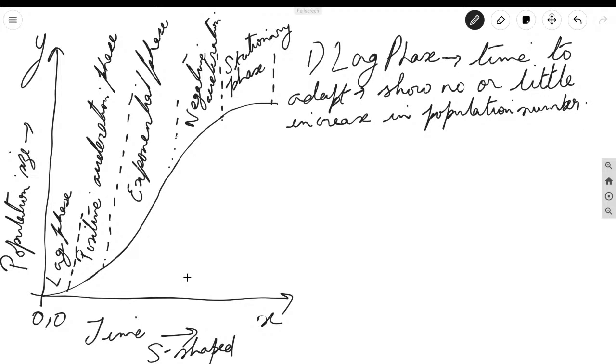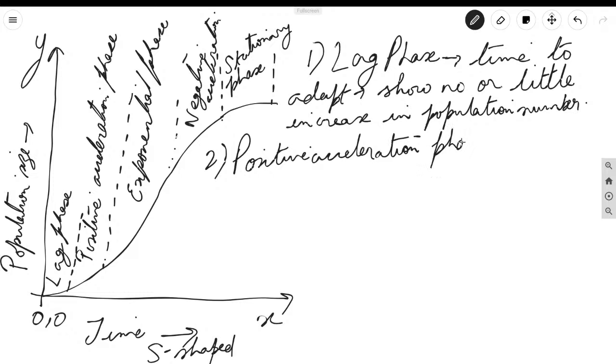Then number two is the positive acceleration phase. Now in this phase what happens is, it is the period of slow increase in population during the very beginning. Means once you have been able to adapt, now you will increase your population number gradually.